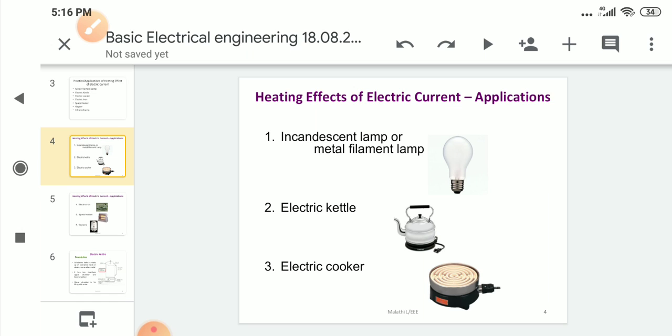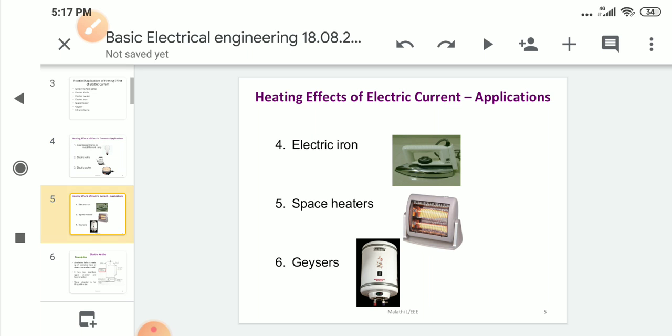A cooker is used for cooking, like that. All the matter is the same, just the input is electrical energy. By taking that input, the high resistance nichrome is heated. That heat is transferred to the chamber. Then by using that thermal energy, we use it for our required appliance. That is the basic concept. From the metal filament lamp to the kettle, cooker, iron box, space heaters and geysers, all are the same.